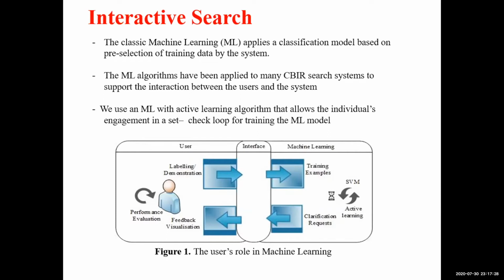As we can see from figure one, the system gives the user some samples to label, rather than using pre-selected samples. So the training sets are picked and demonstrated by the users, who label those samples as training examples to train the machine learning model. These iterations continue until the user is satisfied with the outcomes.